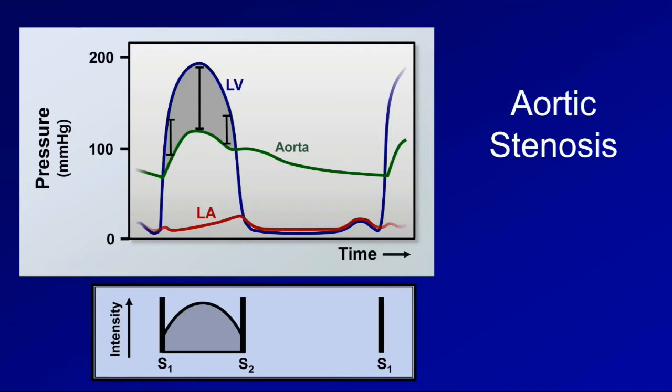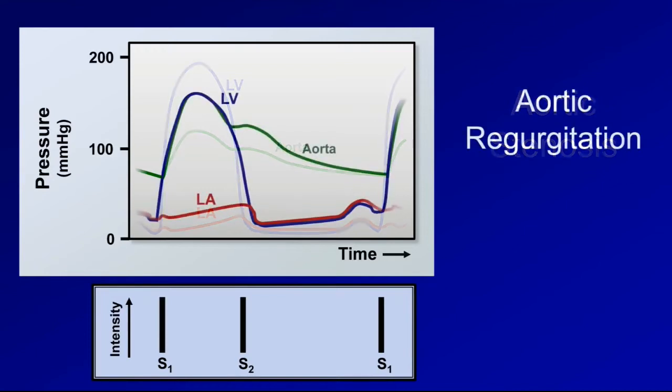This same analysis can be applied to every heart murmur. For example, here is aortic regurgitation. The turbulent flow here is occurring during diastole when there is a pressure gradient between the aorta in green and the left ventricle in blue.